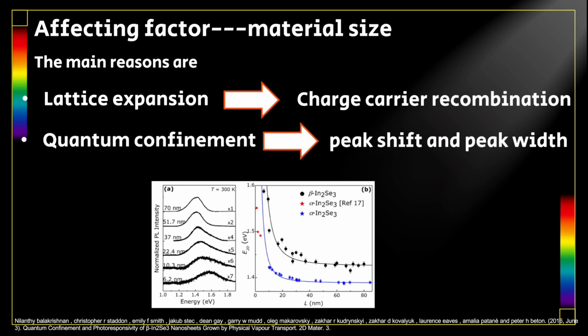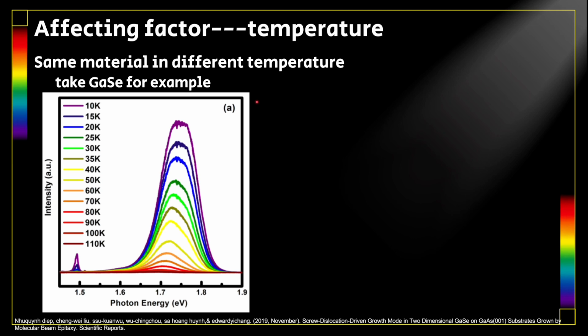Second, for nanoscale materials, quantum confinement becomes dominant. So when the size decreases to the quantum regime, the PL peak shifts to higher energy and the peak becomes broader.